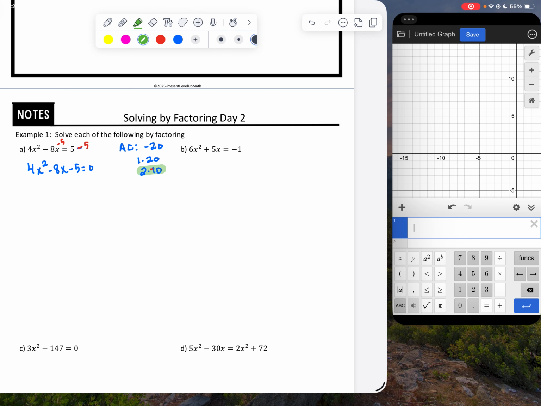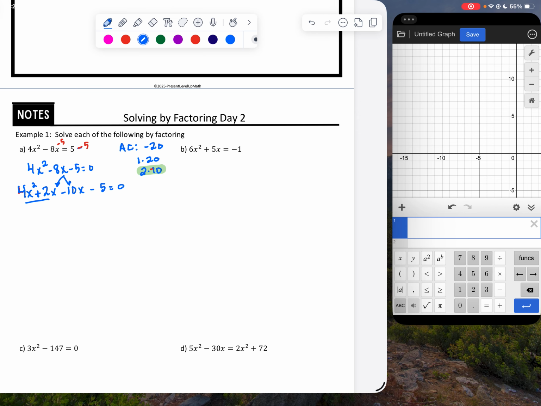So we're going to split up the negative 8x into 2x and negative 10x. So let me rewrite this problem as 4x squared plus 2x minus 10x minus 5 equals 0. All I did was split the negative 8x into 2x and negative 10x.